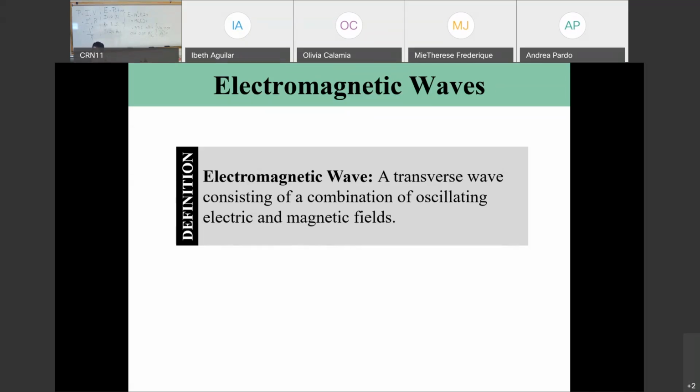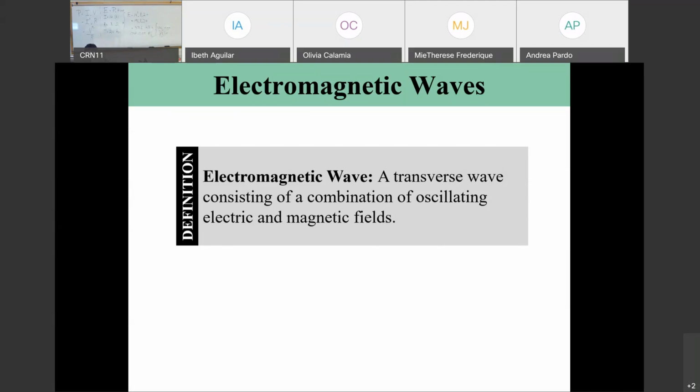An electromagnetic wave is a combination of these fields, but both of these fields need to be varying. If not, you won't have a wave. It will be just a constant. So you need to have a variation of this.